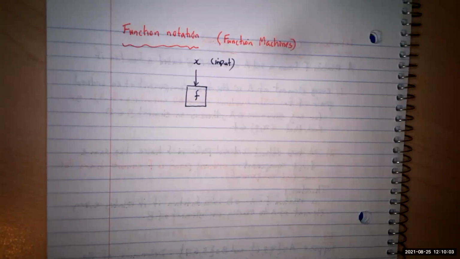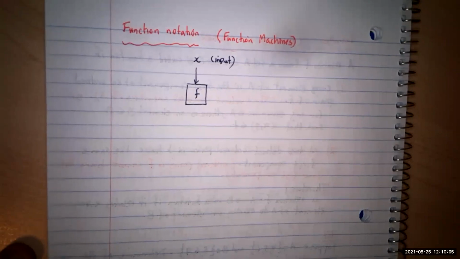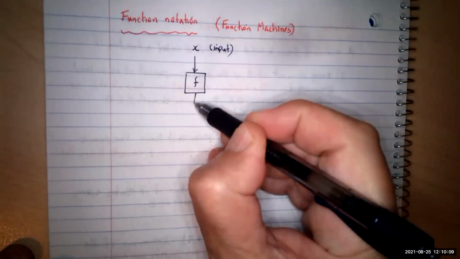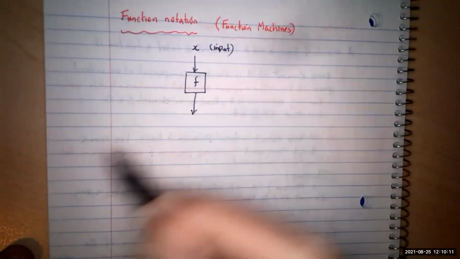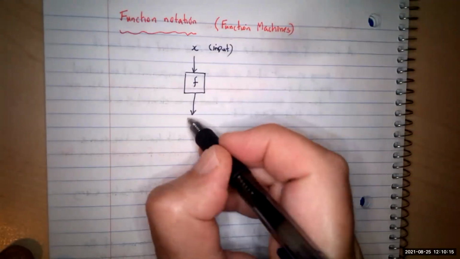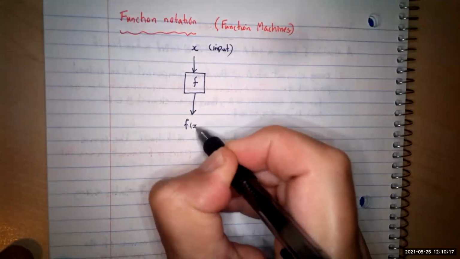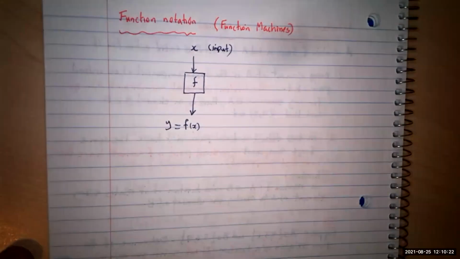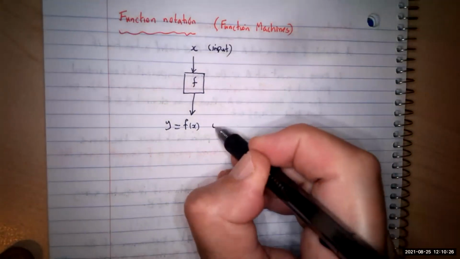So this is going to be the input. We drop the input into the machine. The machine should find a pair for us to match this one. The action of the machine on the x would be f of x, and this is going to be the output y. So x would be related to the y in this manner. In this case, this is going to be our output.